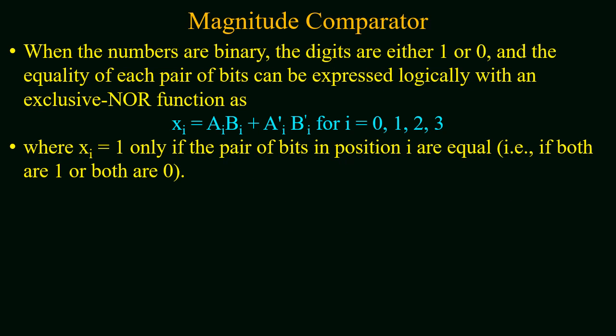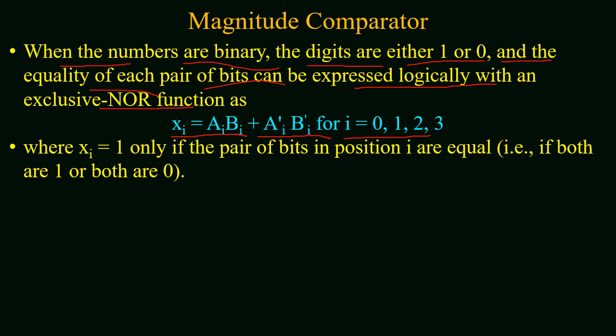Now if the given numbers are binary, then these bits can either have a value of 1 or 0, and the equality of each pair of bits can be expressed logically with an exclusive NOR function, such as xi will be equal to ai dot bi plus ai prime dot bi prime.